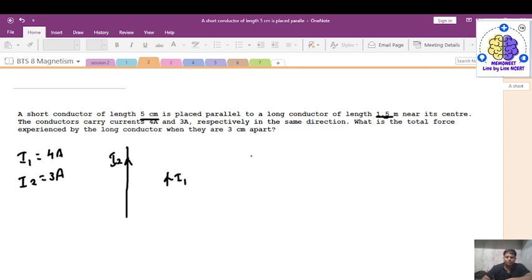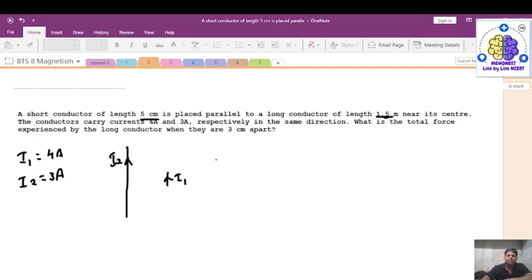So if I calculate the force on the short conductor because of the long conductor, that force will be equal to the force experienced by the long conductor as well, because here it will be an action reaction pair. The force experienced by both the conductors will be the same in magnitude, but they will be in opposite direction.